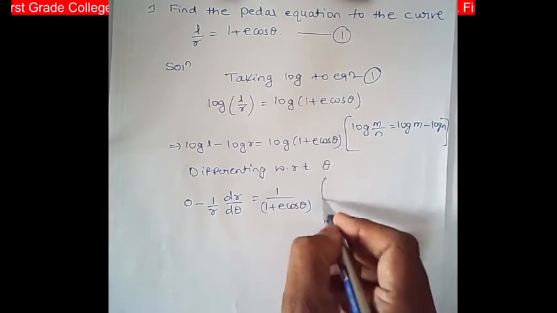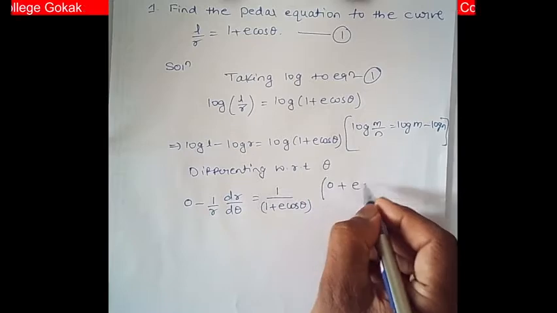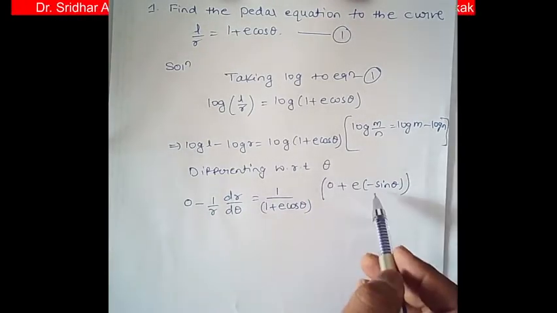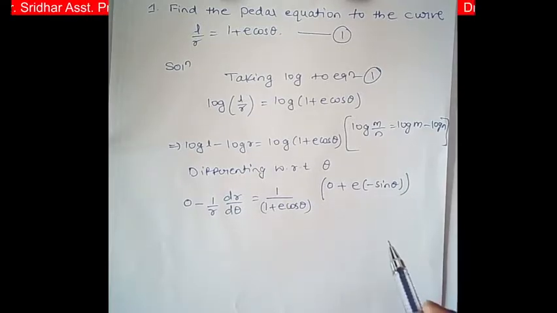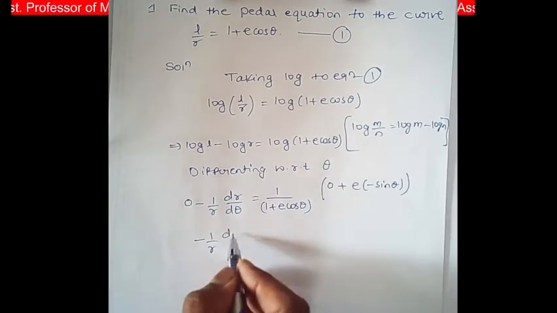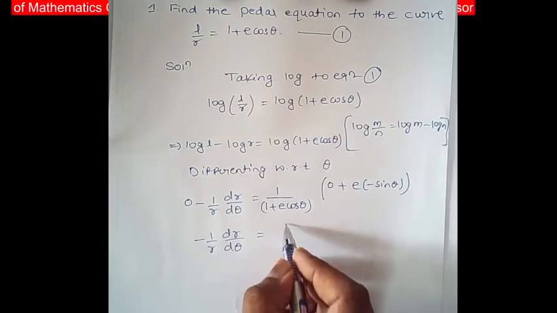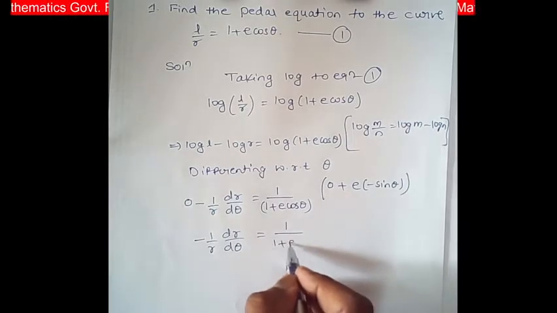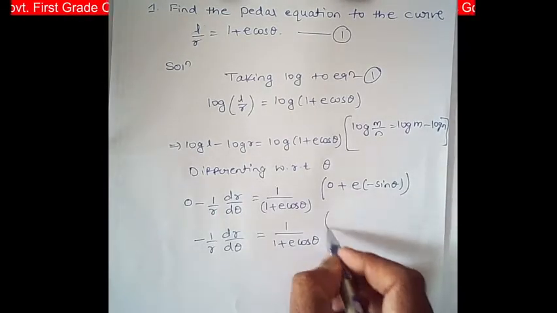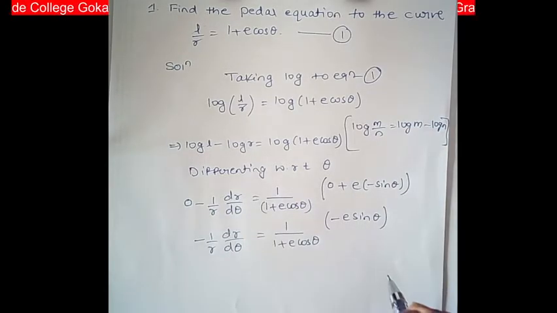So then differentiation of 1 is 0. Now differentiation of E cos theta is E into minus sin theta, since differentiation of cos theta is minus sin theta. Which means minus 1 by R dr by d theta is equal to 1 divided by 1 plus E cos theta, then simplifying this, we will get minus E sin theta.